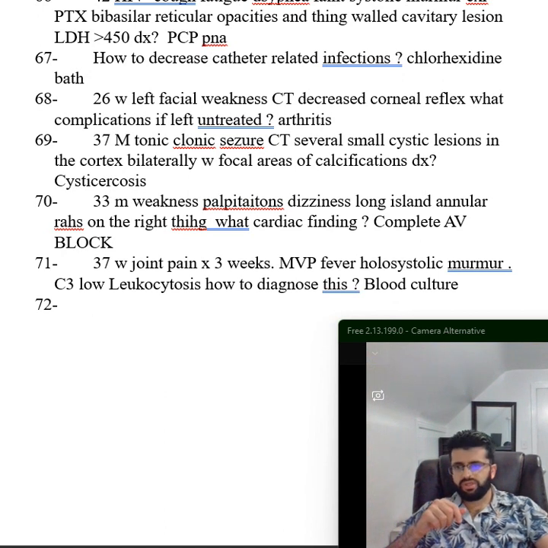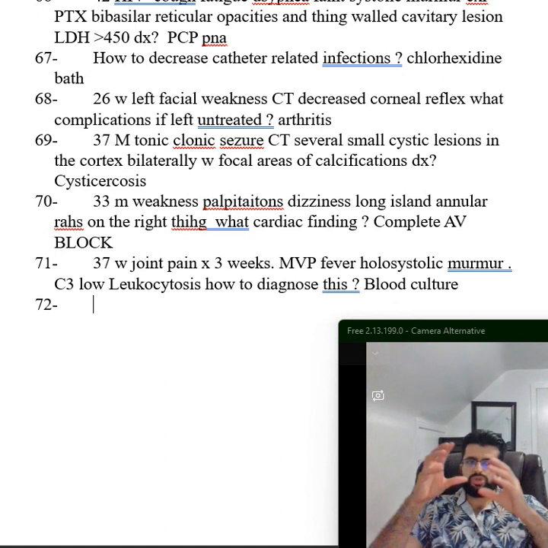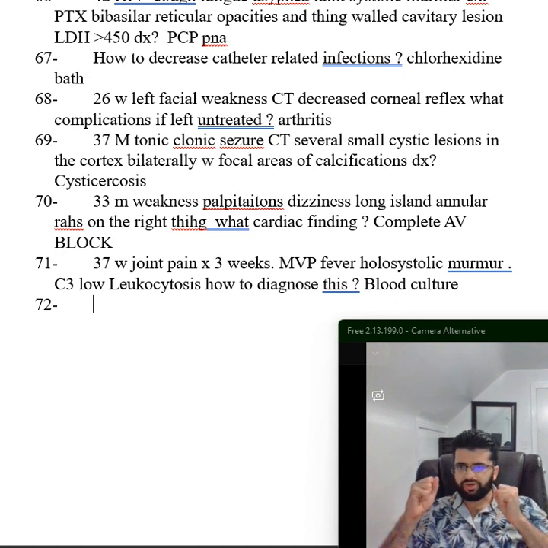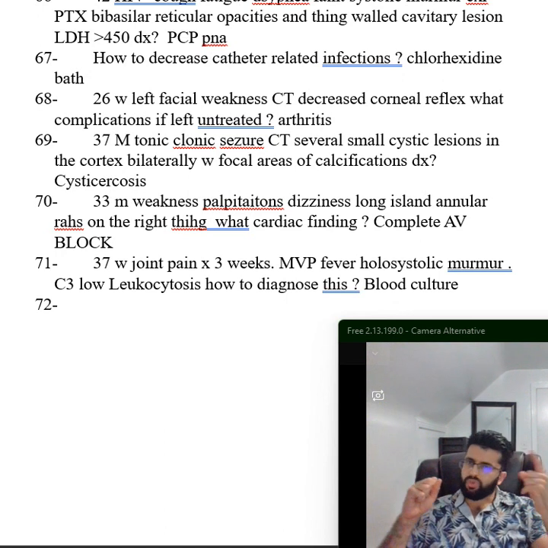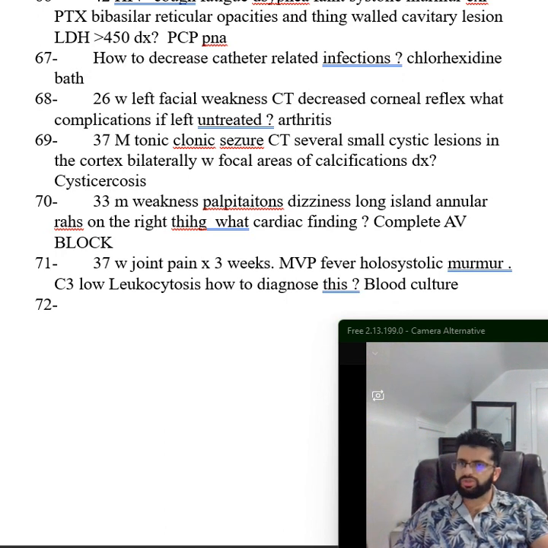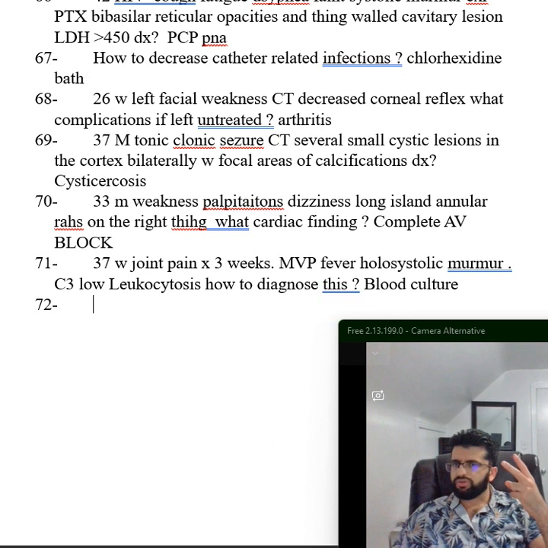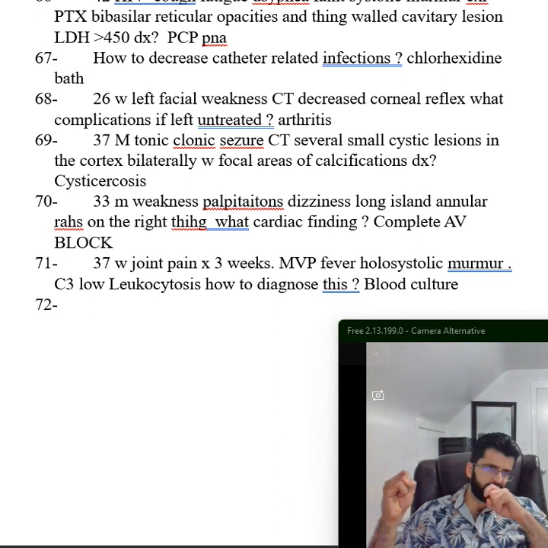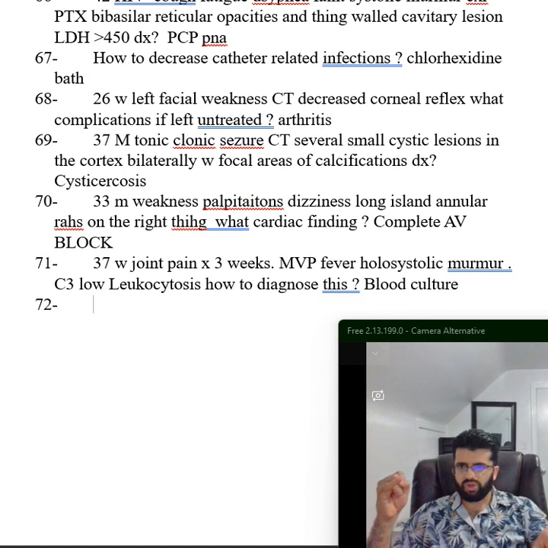And the reason is, for endocarditis, there are major criteria and minor criteria. Major criteria are either a positive blood culture with Staph aureus, Enterococcus, or strep viridans, or echo showing valvular vegetations. Minor criteria could be a predisposing cardiac lesion, which in this case is mitral valve prolapse.